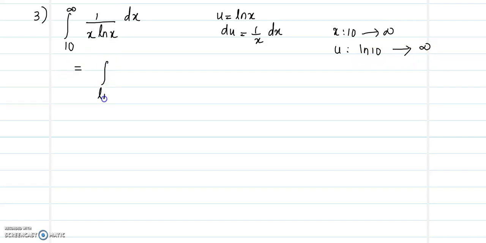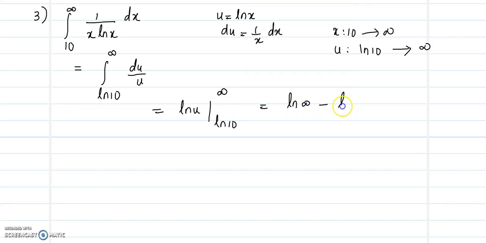So this will be the integral from log 10 to infinity, and using the substitution we'll get du by u. So this will be equal to, again, the integral of 1 by u will be log u, again with limits from log 10 to infinity. So we'll get log infinity minus log of log 10. So this will be infinity minus some finite number. So the value will be equal to infinity. So that will be the integral value.